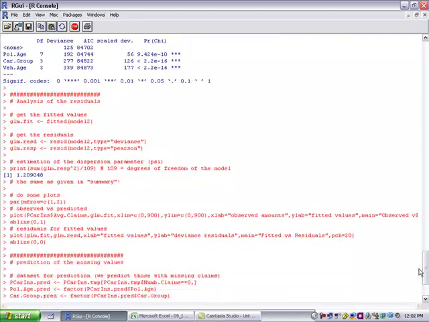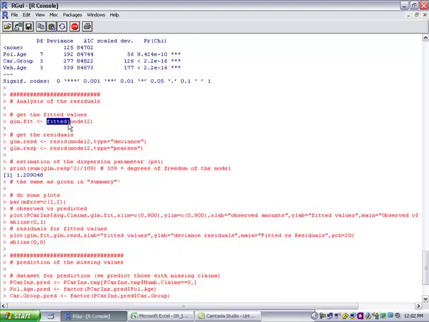Okay, then you can analyze the residuals. There's a function called fitted, where you have a table here with 123 observations, and you could be interested to know what the model yields for these 123 observations.